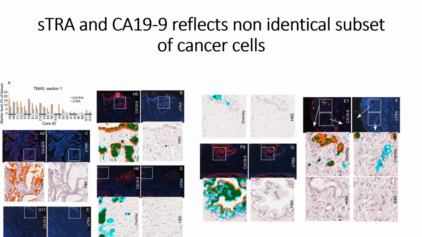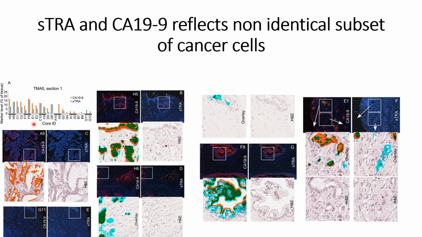For this analysis they chose TMA5, where the quantification of marker levels in the tissues shows different percentages of CA19-9 and sTRA in different cores. For example, in H5 we can see that CA19-9 expression is higher and sTRA expression is low, and similarly this variation continues for different cores.